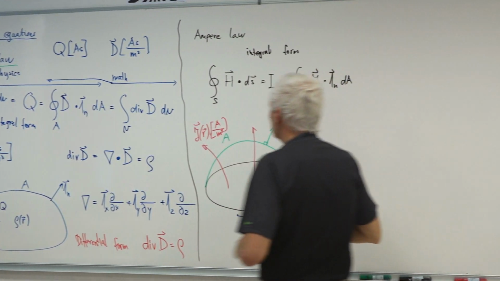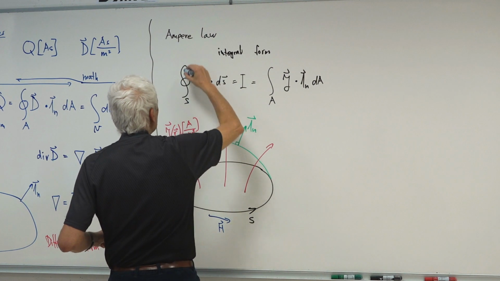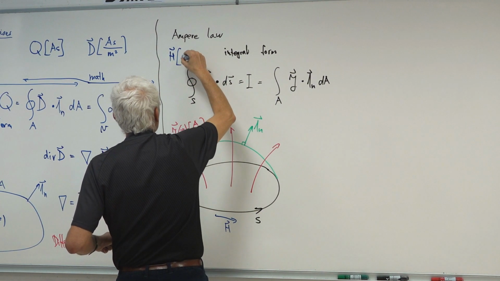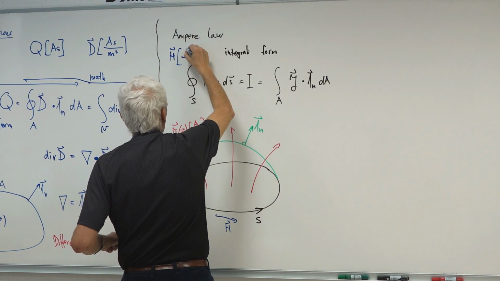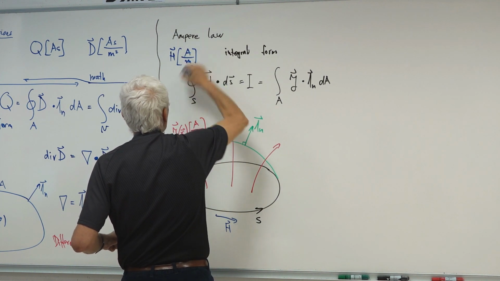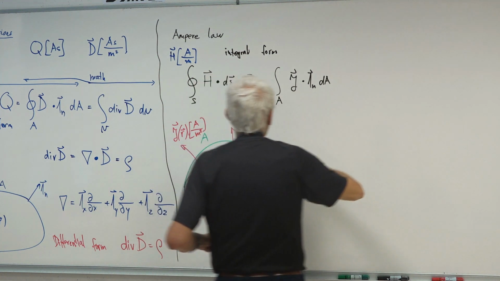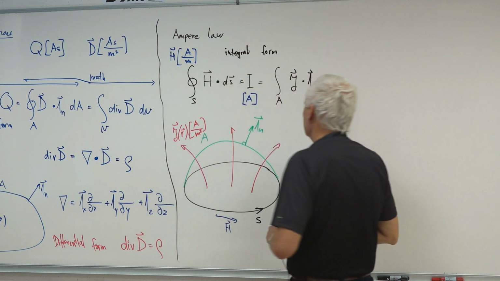Here, what are the units? Magnetic field H has units of amperes per meter. Current has units amps, and J I already described down there.